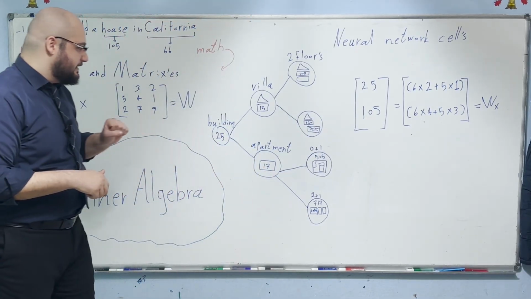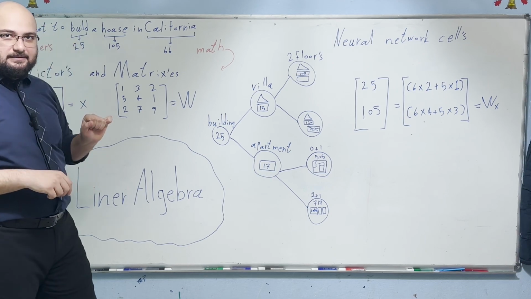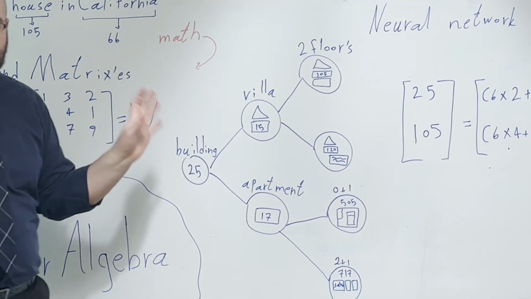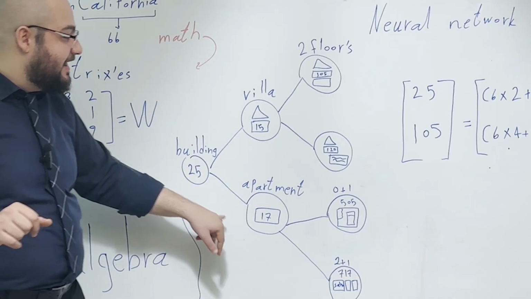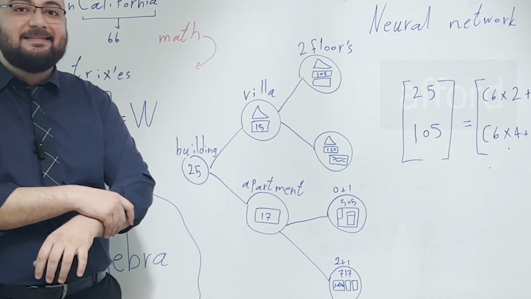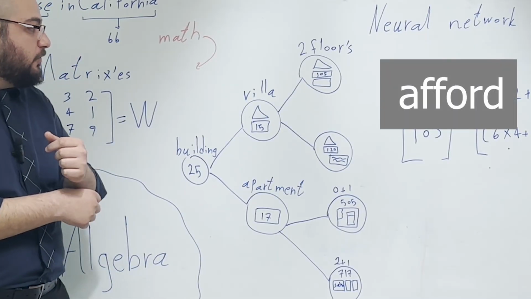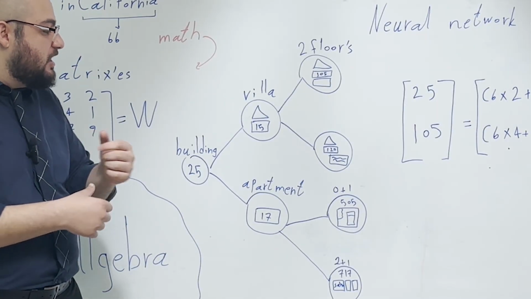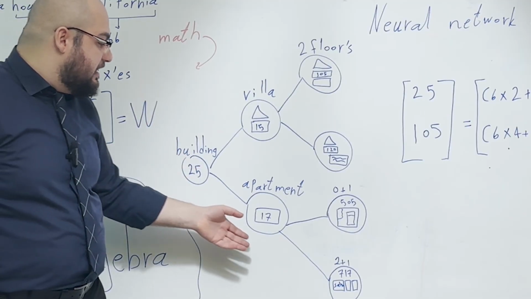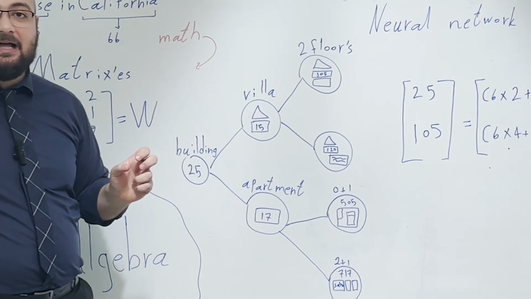So it goes like that. Let's start with build. He wants to build some kind of building. But what kind of building does he actually want? Let's say he wants to build an apartment or a villa.